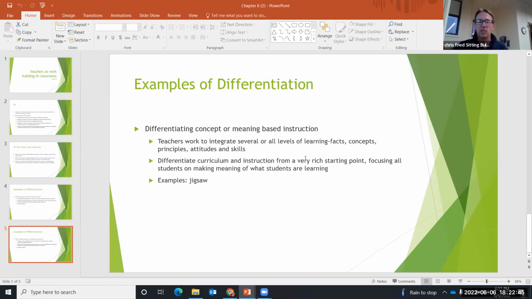Sometimes when you're doing these types of things, if you have a very rich starting point and a lot of information, you might group students together with similar interests and similar readiness levels, and you can give them different topics based upon their readiness level and their interest level. Other times you're going to want to balance it out a little bit in groups, where you might have a couple stronger students and a couple students who might be struggling, so that they can help each other out.